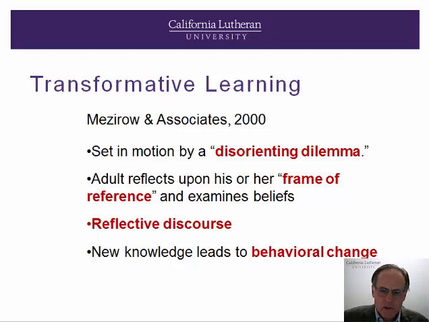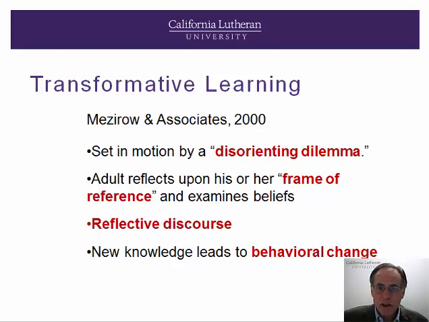As the individual starts to reflect upon this and starts to examine their beliefs and cognitive processes, and perhaps even engage in reflective discourse, perhaps a conversation with you, the planner, a support group, or a learning community, new information comes in.